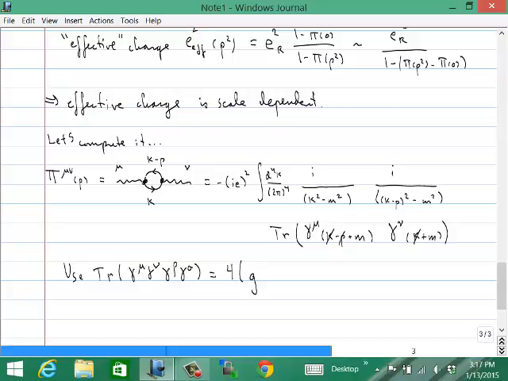So here you have g^μν g^ρσ minus g^μρ g^νσ plus g^μσ g^νρ. That was the trace of 4 of these guys. And the trace of 2 of these guys is just 4 g^μν.